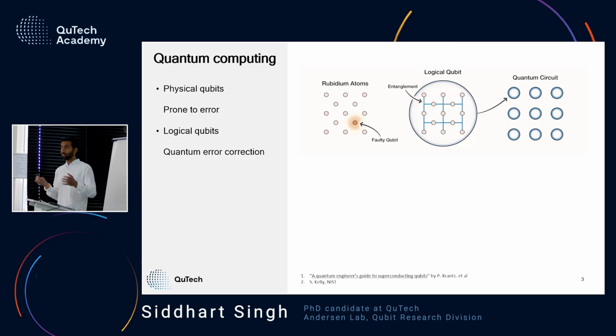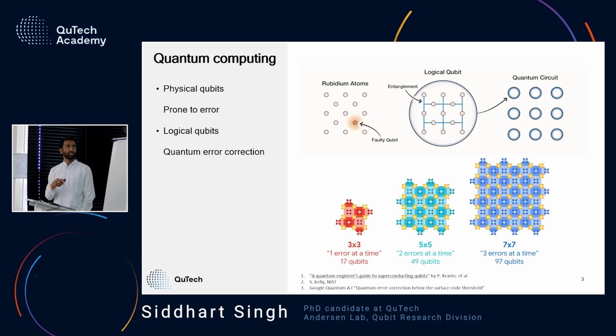Now, this idea is called quantum error correction, and there are various ways through which you can do quantum error correction. Specifically on superconducting qubits, we use a variation of quantum error correction called surface code. And in surface code, what you do is you take a bunch of qubits and you encode your logical qubit there, and the more qubits you have physically, the better your logical qubit can detect errors and you can correct for them.